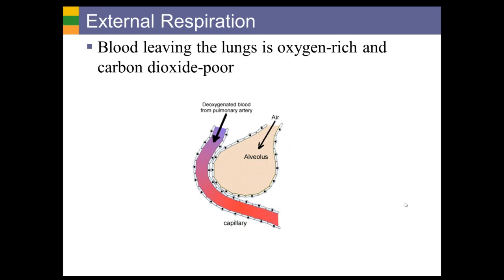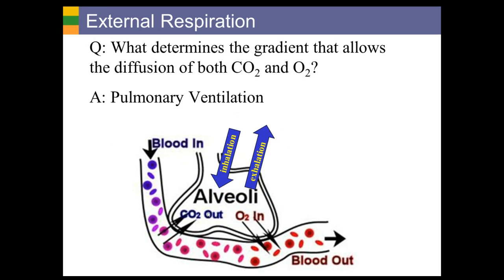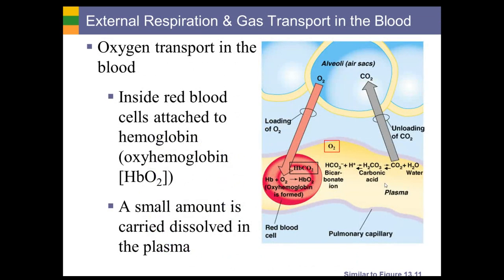So deoxygenated blood enters the lungs through the pulmonary capillaries, and oxygenated blood leaves the lungs through the pulmonary capillaries. We already talked about how this gradient is maintained by breathing, so I'm not going to labor that point. We know that oxygen diffuses into the blood and carbon dioxide diffuses out, but where is it transported?